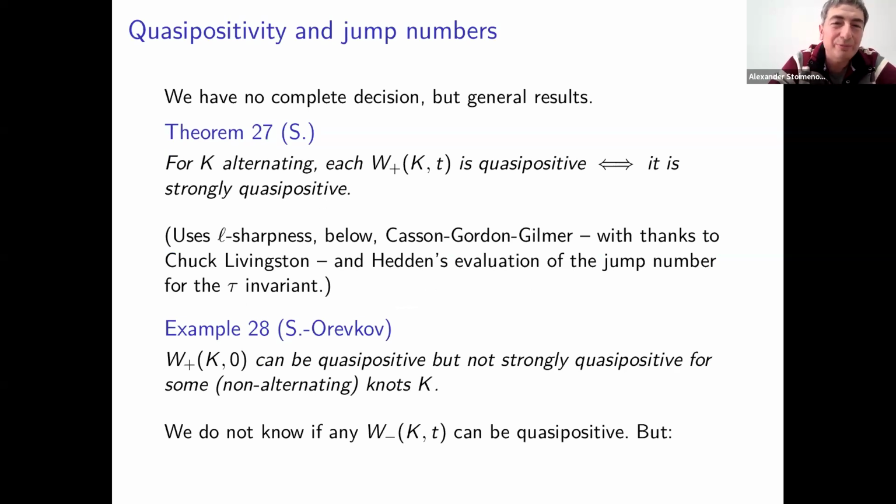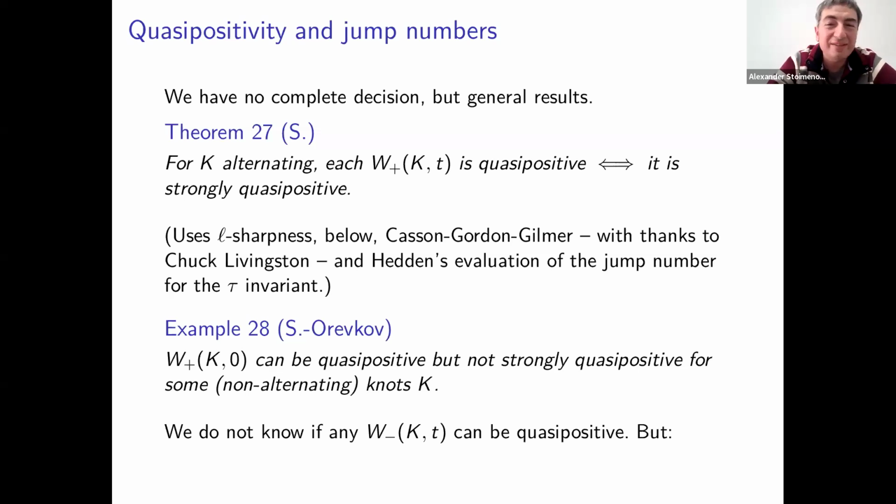What we know, for example, is the following: the equivalence of quasi-positivity and strong quasi-positivity holds for W plus when K is alternating. When K is alternating, W plus is quasi-positive if and only if it is strongly quasi-positive. And this uses a lot of stuff. It starts with L-sharpness that I'm going to talk about below.